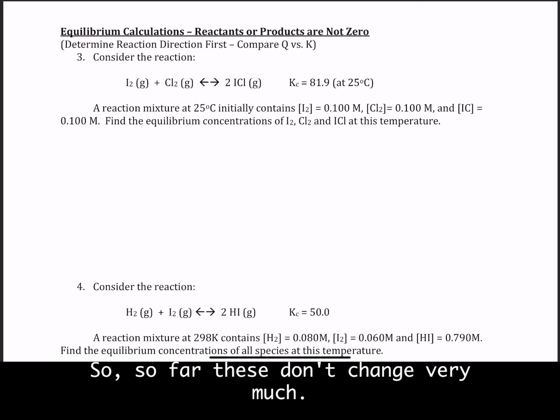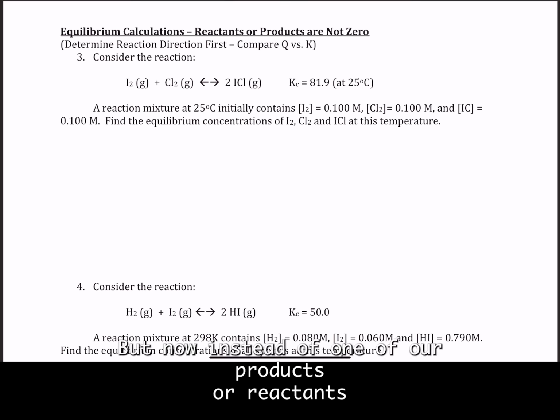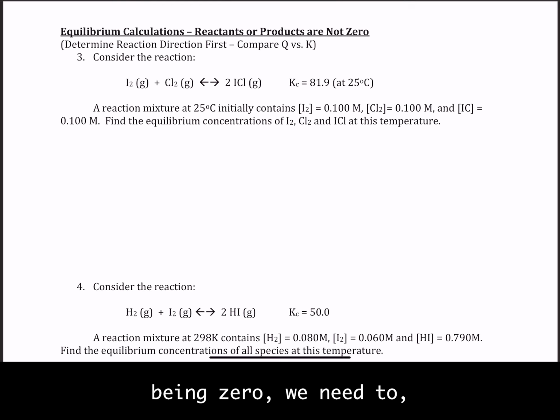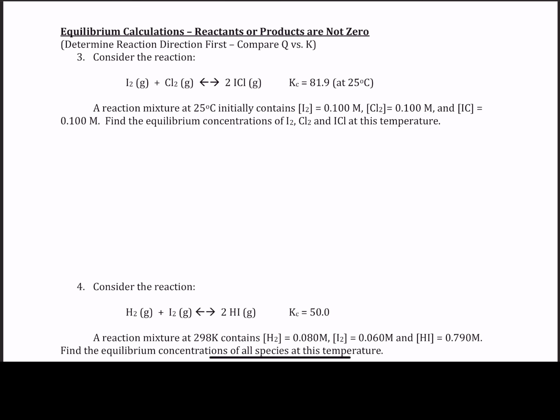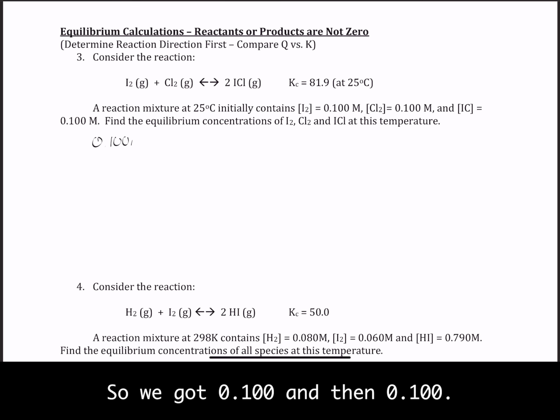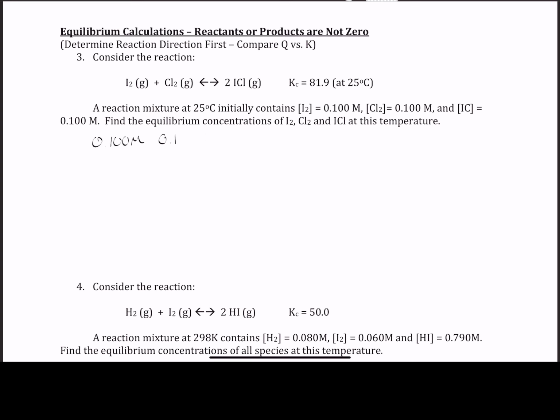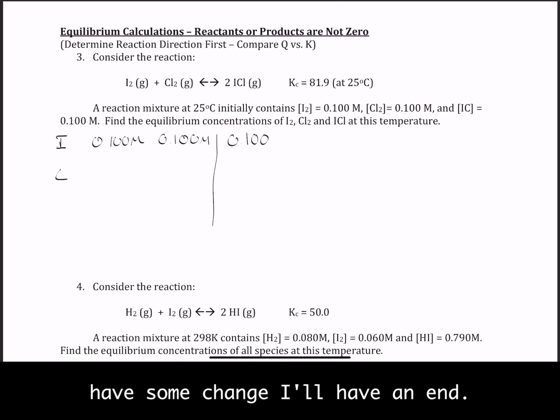Yeah, so far these don't change very much, but now instead of one of our products or reactants being 0, we need to actually figure out which direction this reaction wants to move. So we got 0.100 and then 0.100. That's a weird 0. And 0.100. So that's my initial. I'll have some change. I'll have an end.